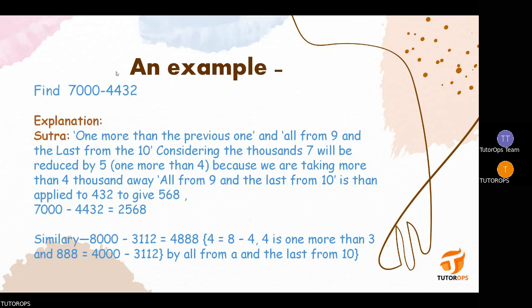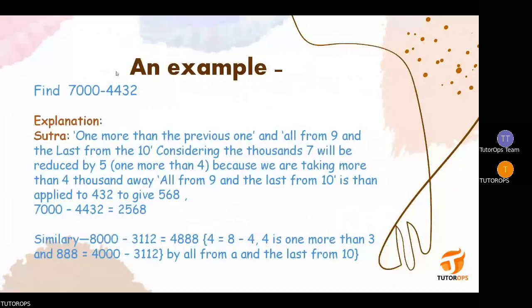Okay. So we know that when we cross 4000, that means when we take even one more than 4000, say 4001 or 4002, or in this case 4432, the 7 will become 5. Why? Because we are taking more than 4000.